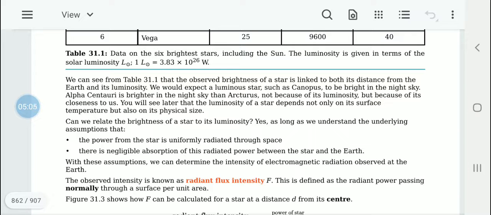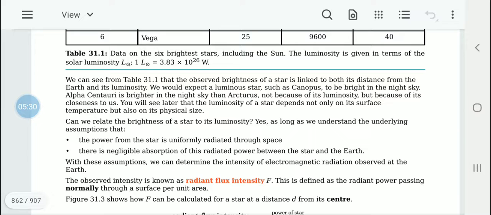So if we relate the brightness of a star to its luminosity, we have to make some assumptions. That is, the power from the star is uniformly radiated through space, and between the star and the Earth there is negligible absorption of the radiated power.